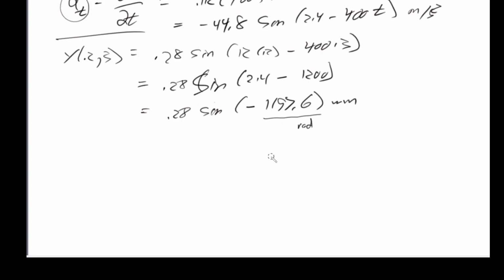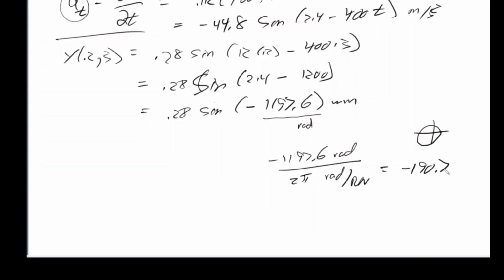So we have minus 1197.6 rads, and there are 2 pi rads in 1 revolution about the axis. So this becomes minus 190.7 revolutions or cycles.